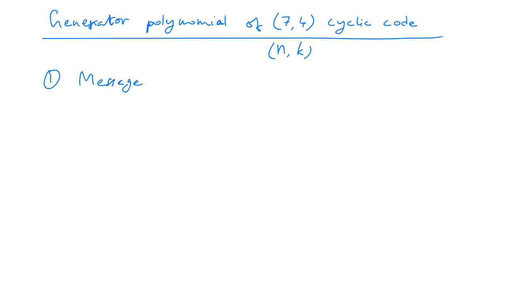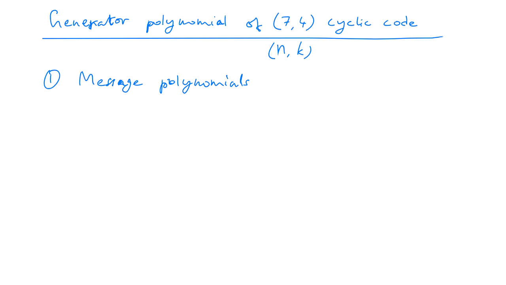So message polynomial must be represented as a polynomial with 4 bits. We have 16 different messages, so we are going to have 16 different polynomials, and all these polynomials will have a highest degree of 4 minus 1.